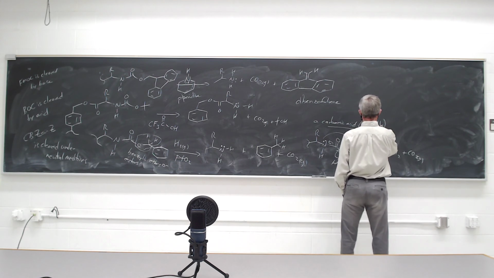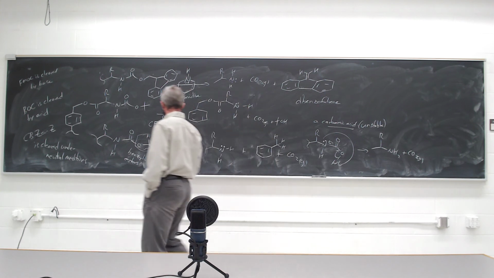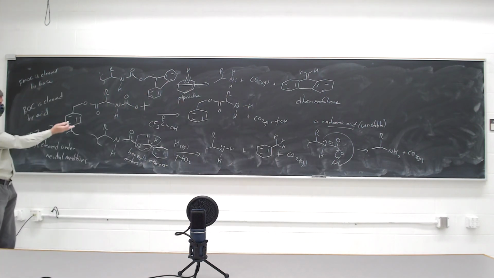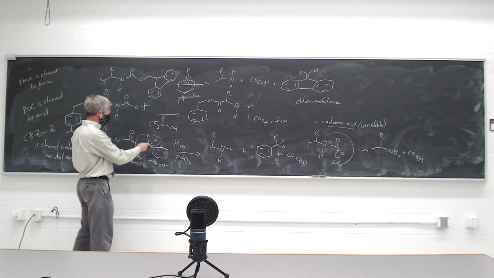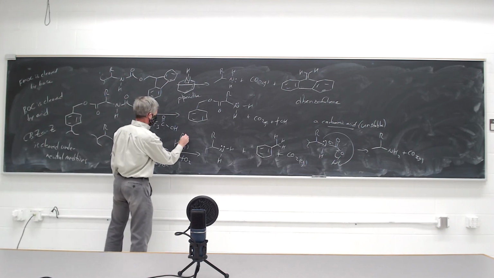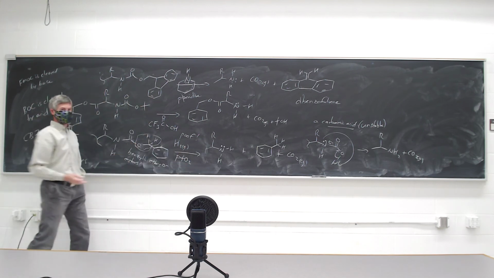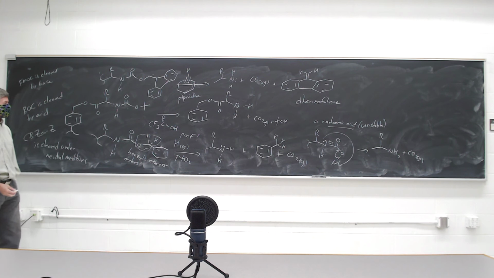So that's exactly the same thing that happens in the Hofmann rearrangement. So that one, there's no mechanism, that's just poof, right? Hydrogen adds across that bond, and it adds across that bond because it's a benzylic position, and only if it's a benzylic position.